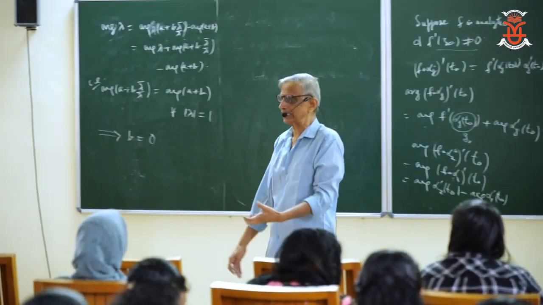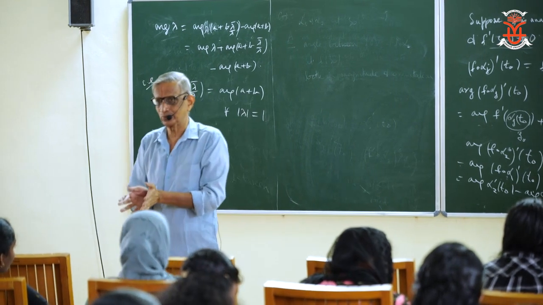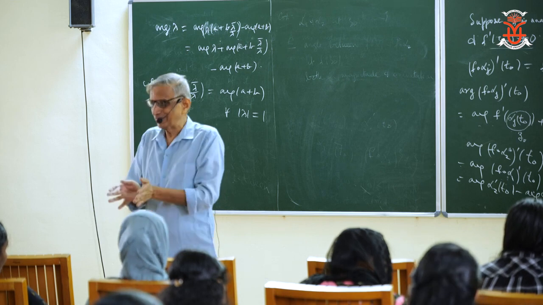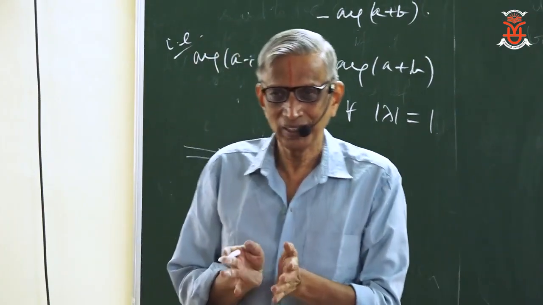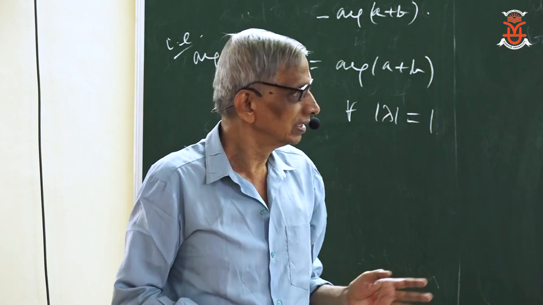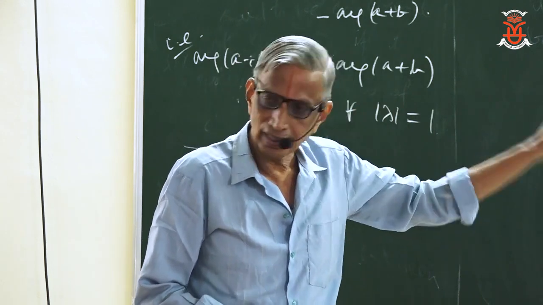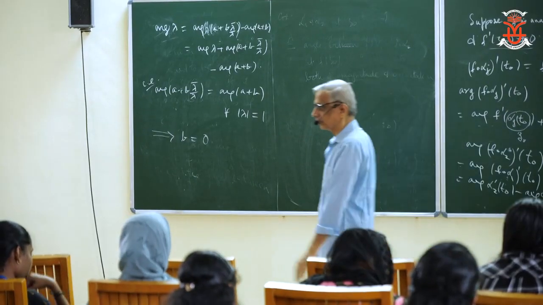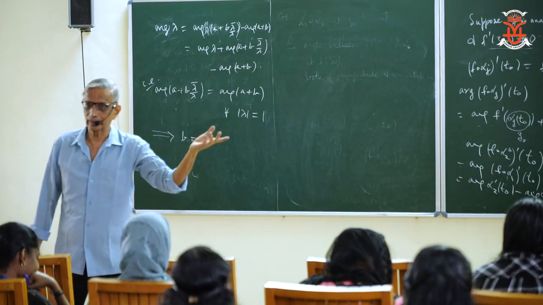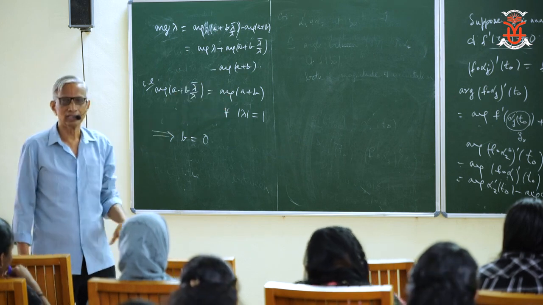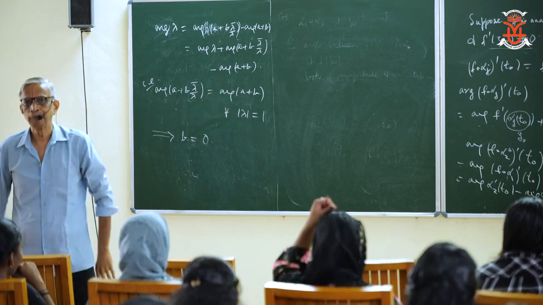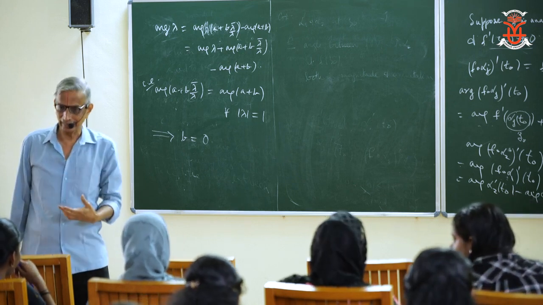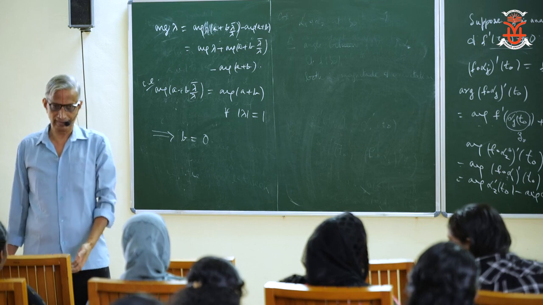So a z plus b z bar preserves angles between straight lines if and only if B is 0. Okay, so now we can prove the converse of what we had. If you have a conformal map, then it must be analytic with a non-zero derivative.